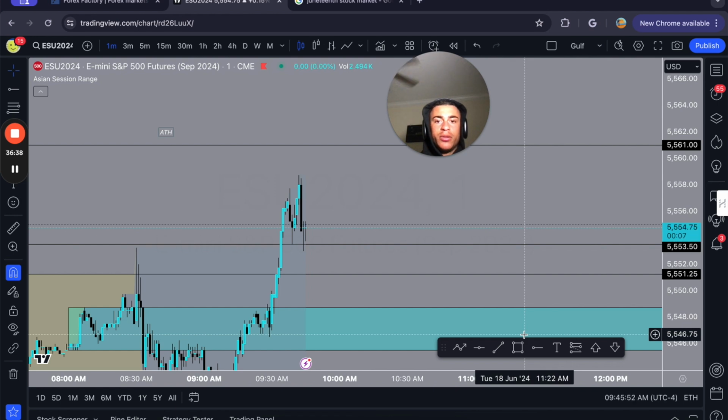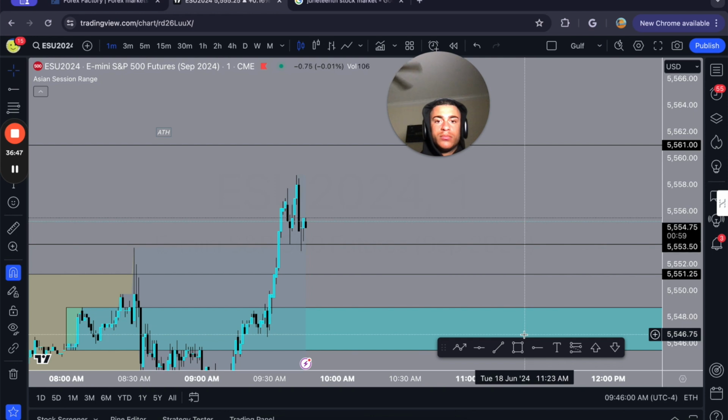Still a bit choppy, no real direction. It's kind of getting chopped up right now.